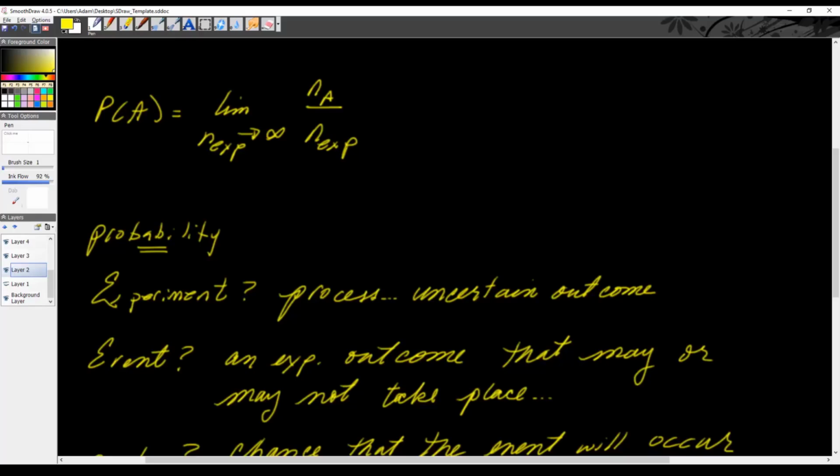Again, this is a more technical definition of a probability. So a little example: what is the probability of heads for the experiment of flipping a coin an infinite number of times? As we let the number of trials increase to infinity, we flip that coin over and over and over. As we approach infinity, the ratio of N_A to the number of trials, N_exp, will equal 0.5.